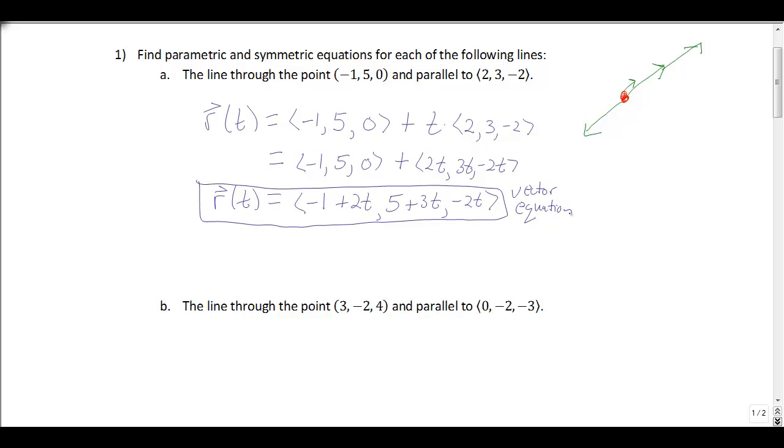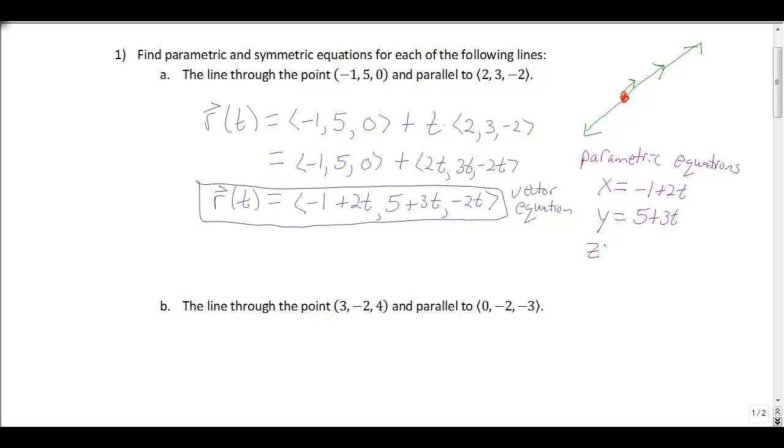I would really think of it as parametric, but oftentimes people make a slight distinction here and think of the parametric equations, not equation, but really equations, where x equals the first component. That's -1 plus 2t. y equals the second component, 5 plus 3t.